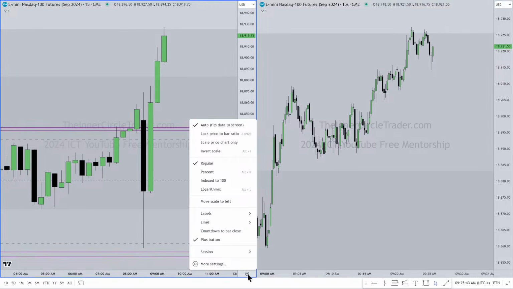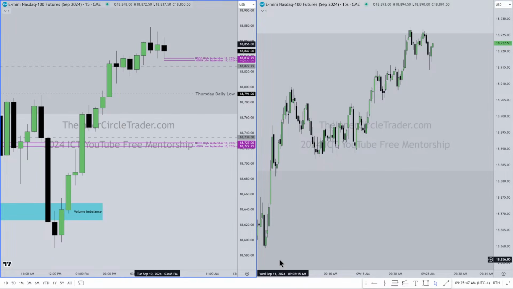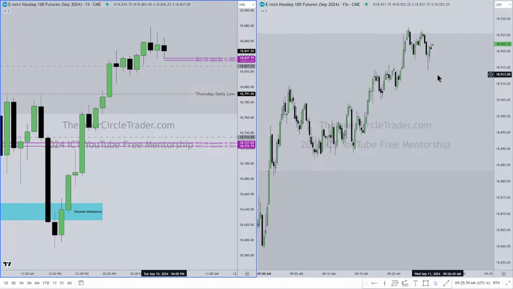We had a previous settlement close at 18,846. So you can see we're up here in the 920s. So it'd be a large gap.